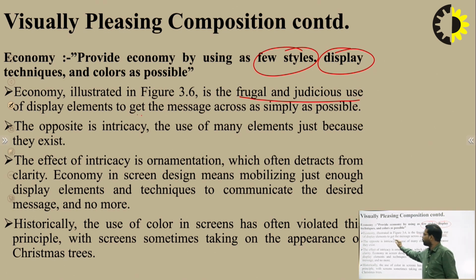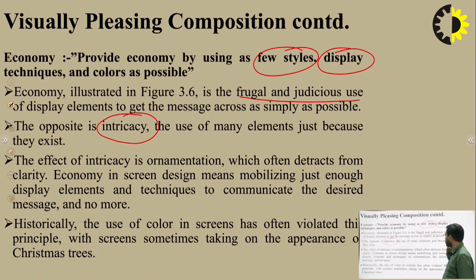The opposite of economy is intricacy. Intricacy is the use of many elements just because they exist. The effect of intricacy is ornamentation, which often detracts from clarity. Economy in screen design means mobilizing just enough display elements and technique to communicate the desired message and no more.